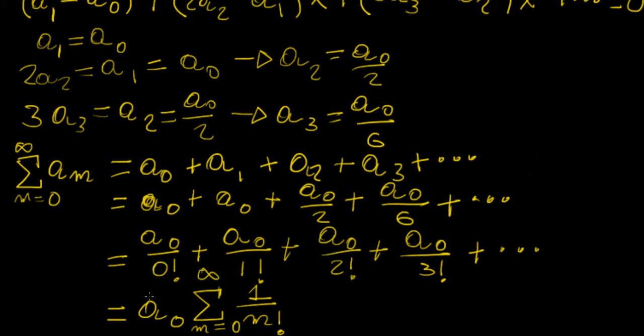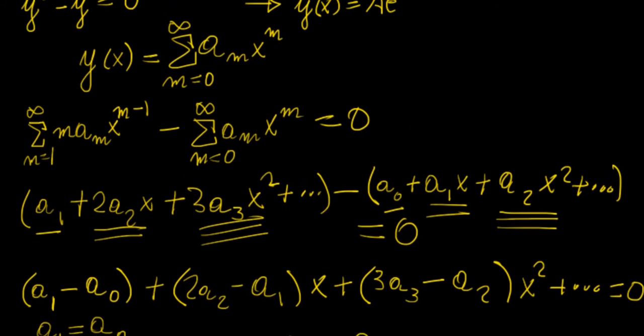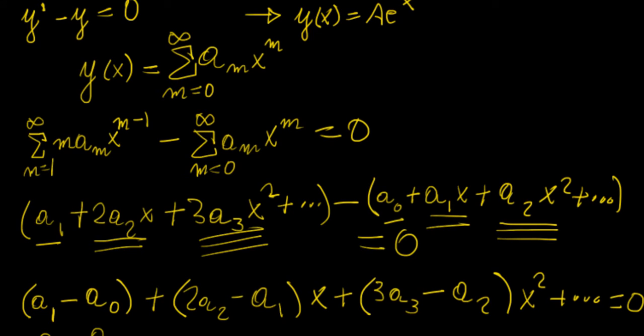So that's a very interesting thing. So now that we have expressed this sum as a function of a0 alone, we can actually substitute it back into the original solution that we had. So I'm just going to go up here. I'm just going to make the eraser a little bit smaller.